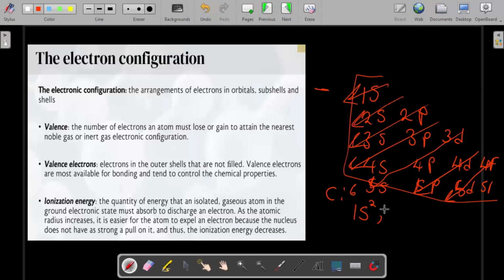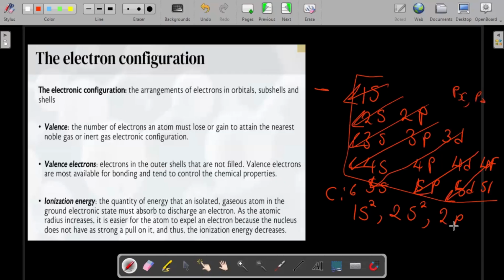From the 1s, we go to the 2s. With the 2s, since it's the s subshell, you're going to have 2 electrons as well. Then from the 2s, you go to the 2p. The p subshell has 3 orbitals, which we've discussed: the px, the py, and the pz.